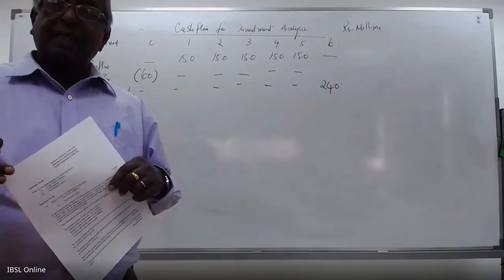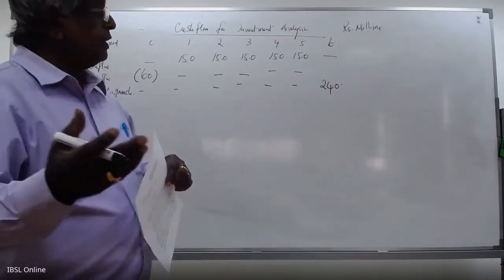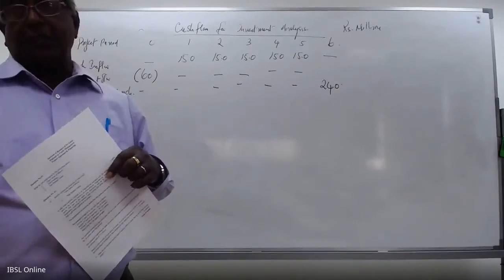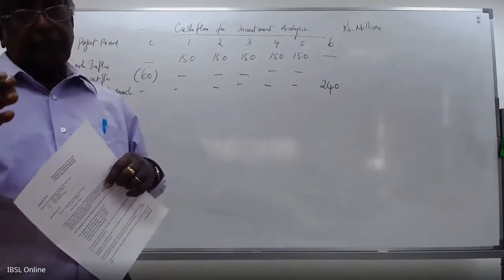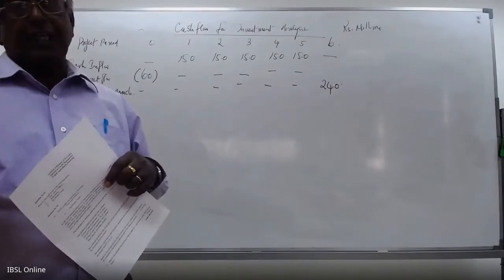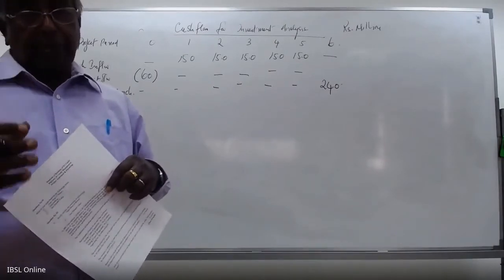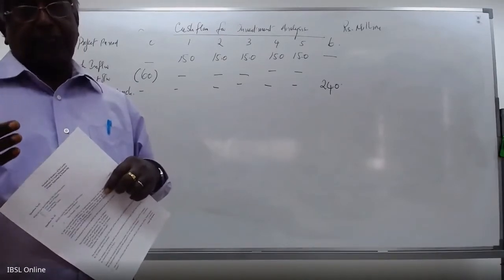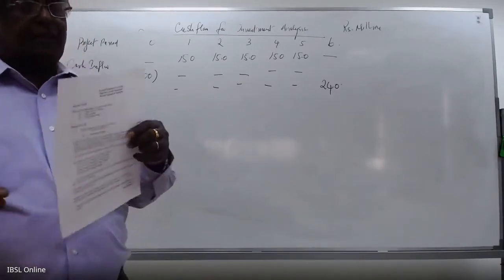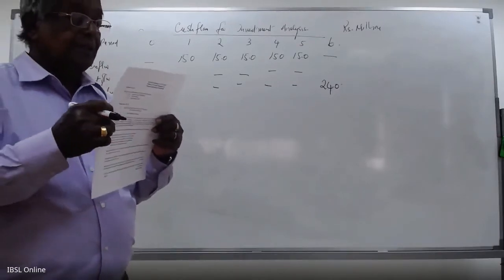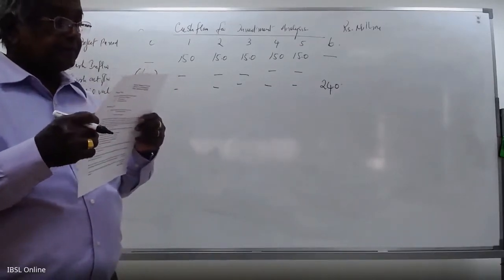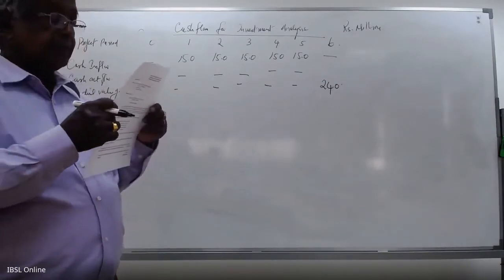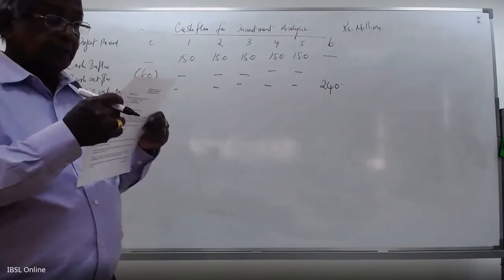So in the exams, if any student puts this 24 million in the 5th year, we won't cut the marks, but actually this 24 million, the residual value of the machinery, should come after the 5th year. So it is in the 6th year. This is estimated at 24 million.